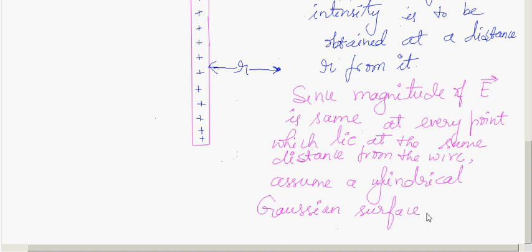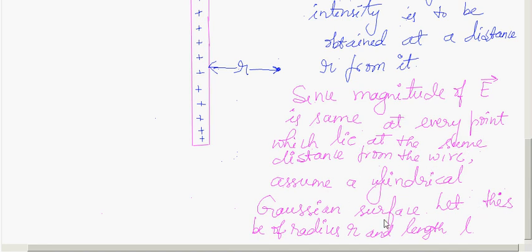Let this cylindrical Gaussian surface have a radius of r and length L. So since the magnitude of E is the same at every point which lies at the same distance from the wire, assume a cylindrical Gaussian surface.